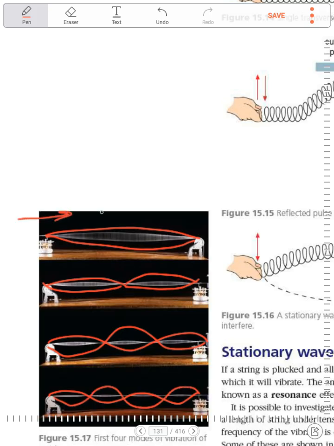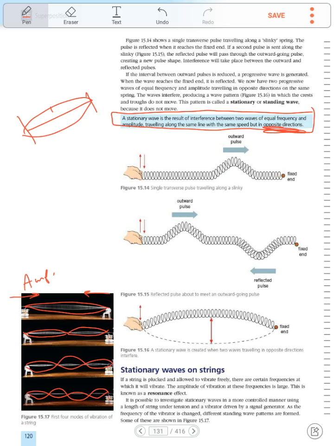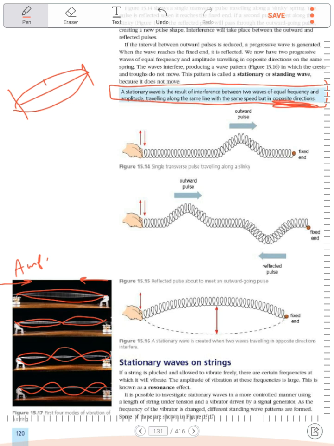We have two waves from different directions, opposite directions, but they have the same amplitude, same frequency, and same wavelength. So we have a standing or stationary wave in this place.